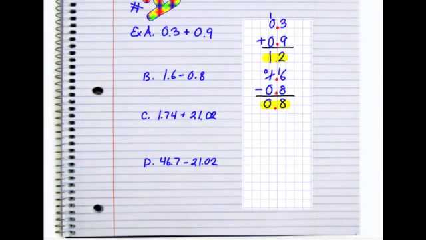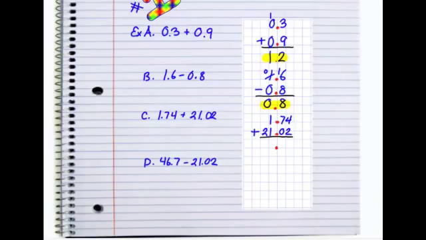The next problem I have is 1.74 plus 21.02. Again, I'm going to line up my decimals and write in my problem. The first number is 1 and 74/100ths, and the second number is 21 and 2/100ths.